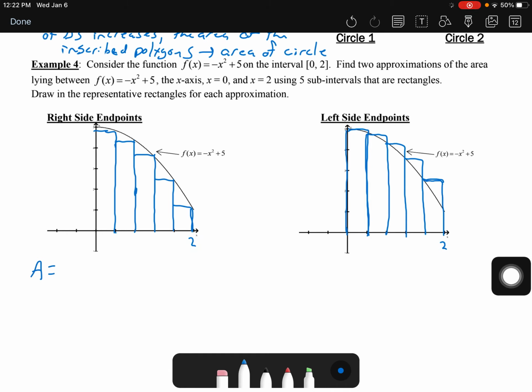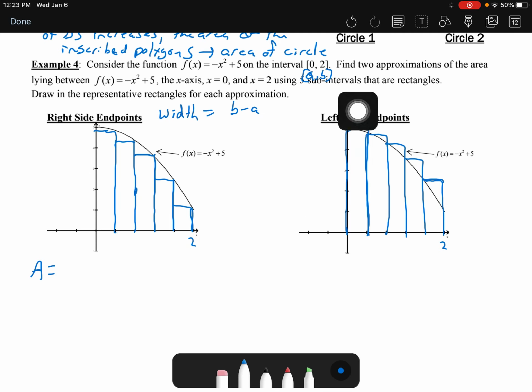And so the width of our rectangles, this is going to be a very common formula, so I'm going to write this down. Remember, when we do an interval, we say it's an interval from a to b. Those are very commonly used letters to represent a closed interval. So our formula for finding the width of each rectangle is b minus a, in this case 2 minus 0, so that's 2 for the total distance.